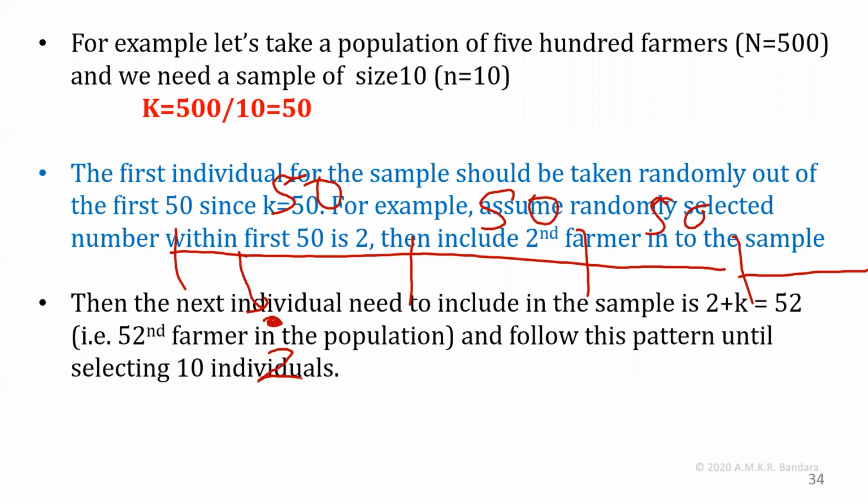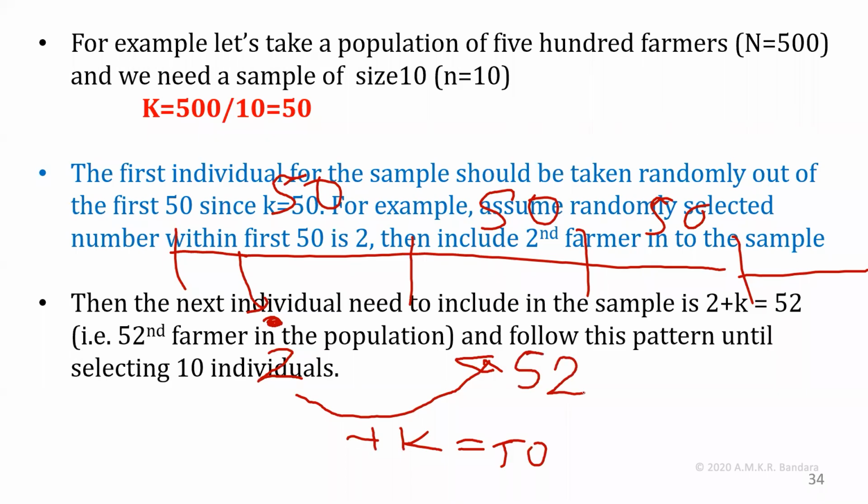Then the next individual that you need to include is not selected randomly. It will be this 2 plus your sampling interval k, where k equals 50. So the 52nd individual will be included in your sample.